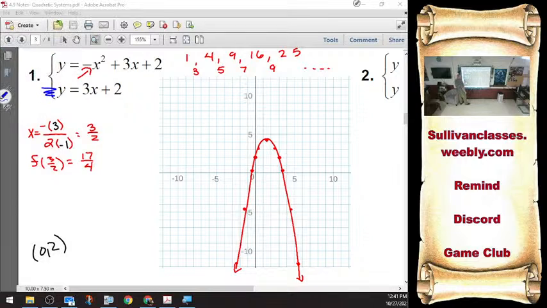Once I got that, the line should be a lot easier. Start at 2, up 3 over 1, or down 3, back 1, down 3, back 1, down 3, back 1. Make your line. And it's a bullet graze at 0, 2.